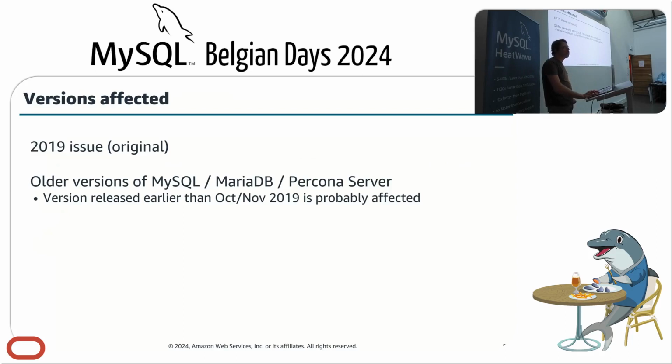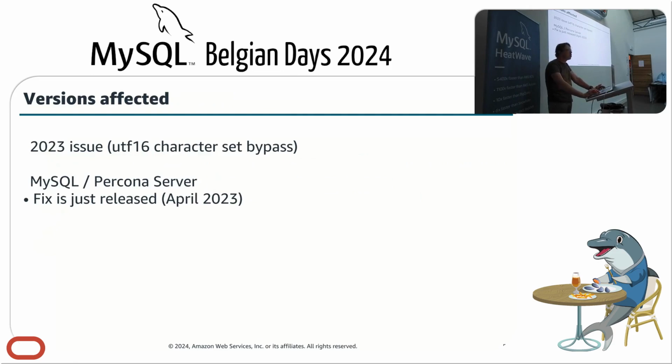So this example is for attacking the database workstation, but it can also be other servers, like application servers. 2023 issue, UTF-16 check bypass, fix released April 2023.